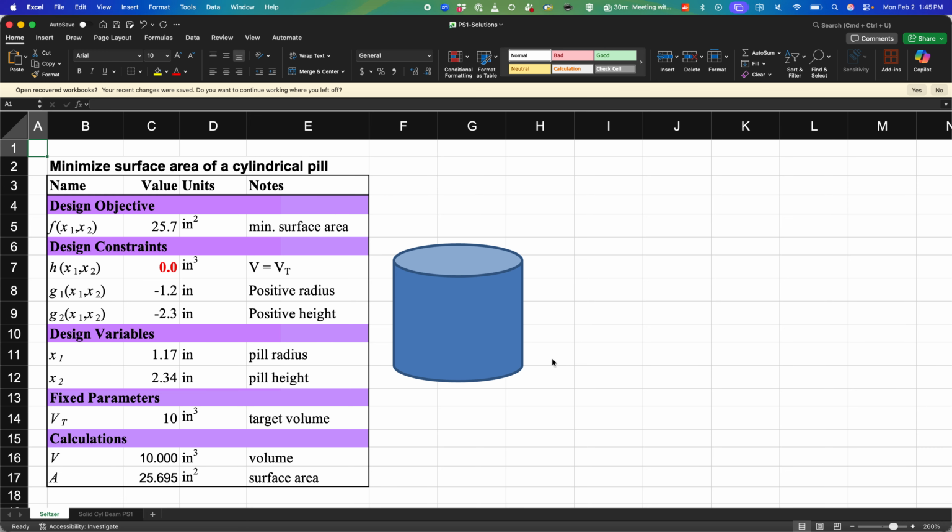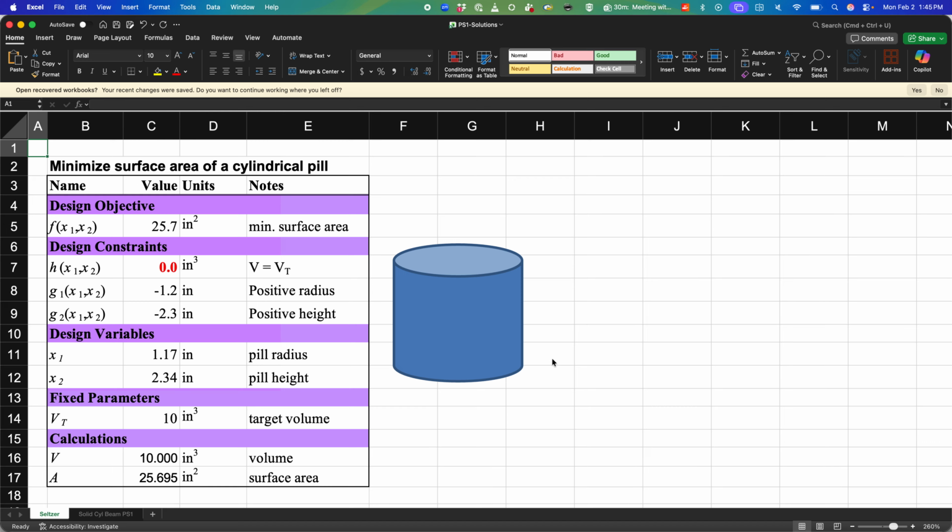So, I've got a cylindrical pill. It's basically a cylinder, and I want to minimize the surface area of this shape. But I'm going to apply some constraints to it. The radius and the height, the dimensional properties of this shape, both have to be positive. That's fine, that makes sense.